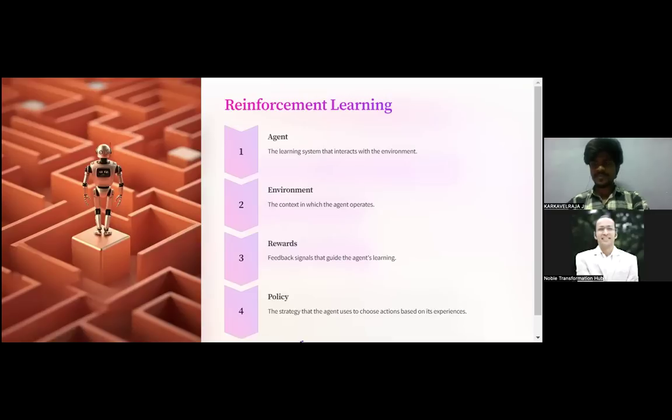An agent is a learning system that interacts with the environment. So be very clear here. The environment is as per the problem statement and the objective function you want to solve. So it will vary, and there will be different agents according to your problem. It can be a physical robot, or an application, or some software. The environment is the context in which the agent operates.